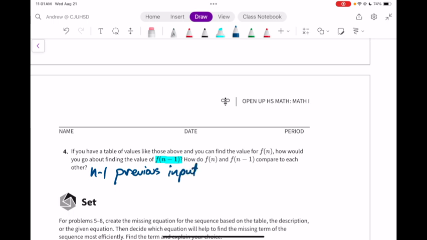So therefore, what would f of n minus 1 mean compared to f of n? Well, somewhere along the line, you're going to have f of n, and coming right before it was f of n minus 1. So this is the previous output.